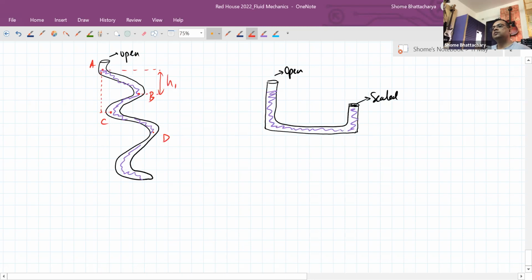This height is H1. This height is H2. This height is H3.